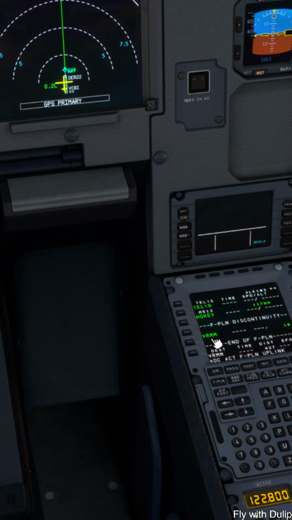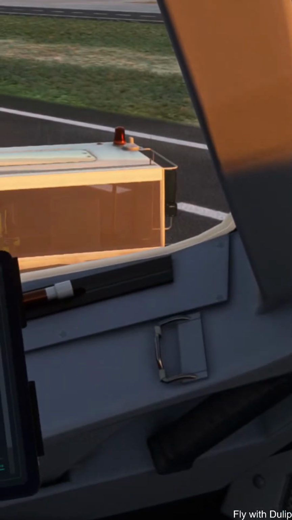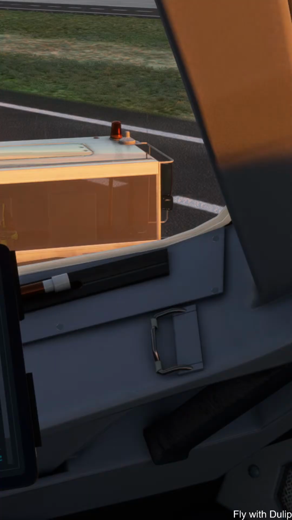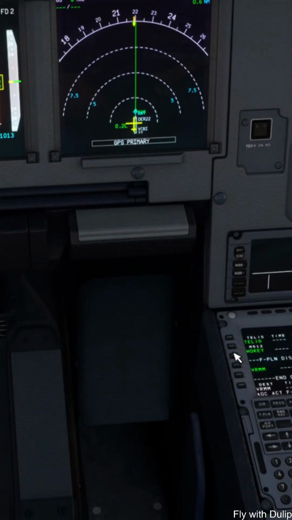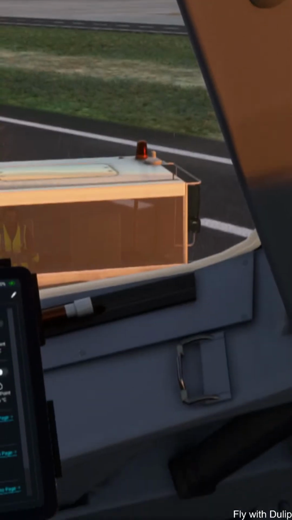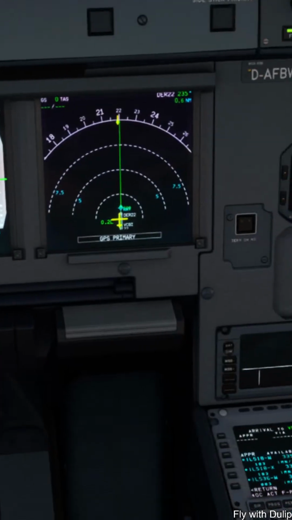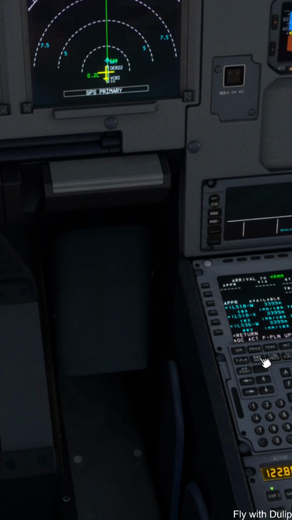Right now I have VRMM after HOKEY. I think HOKEY 1 alpha is the arrival. So I press on over here, go to arrival, and then I will go to runway 36 in today's flight. I prefer to check ILS Zulu, but I cannot find ILS Zulu.